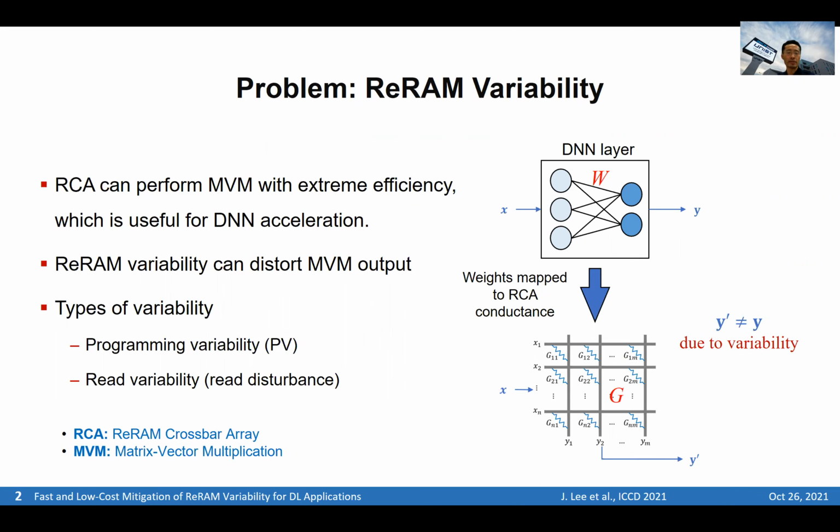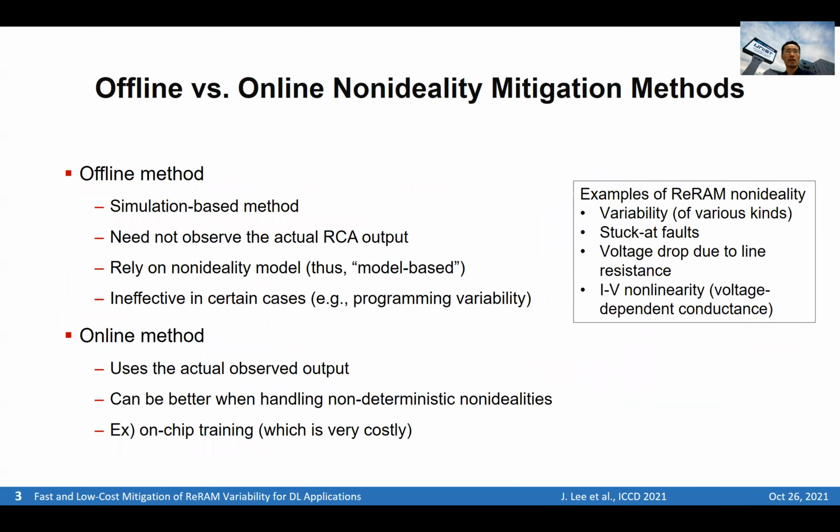There are multiple types of variability, such as program variability or write variability, and read variability or read disturbance. The previous work to mitigate variability, or in general many non-ideality problems, can be classified into either online or offline methods.